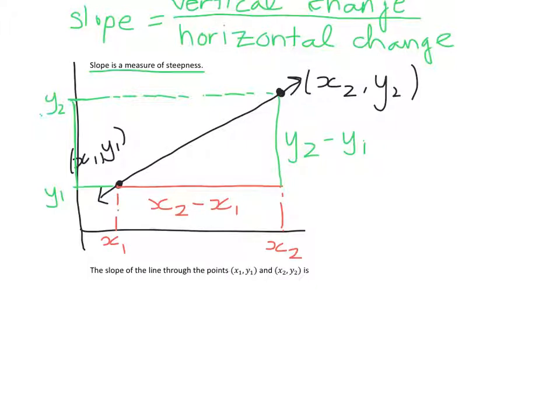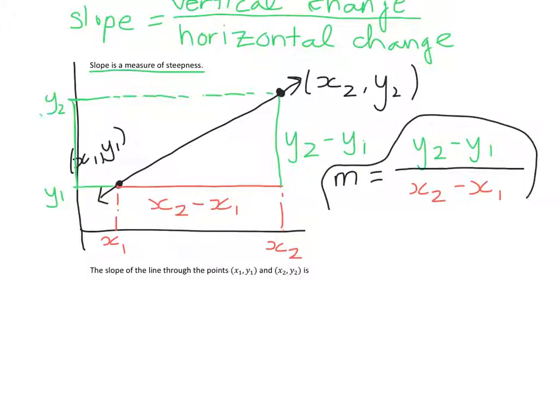And again, we want to look at that ratio, the vertical change over the horizontal change. And so this is our slope. This is going to be our slope formula. And the symbol we use for slope, if you remember, is m.